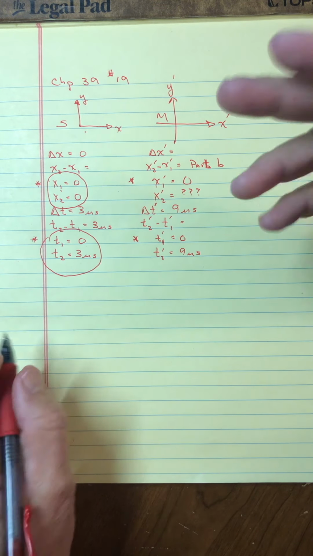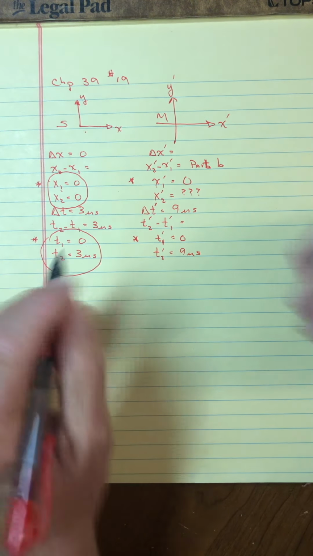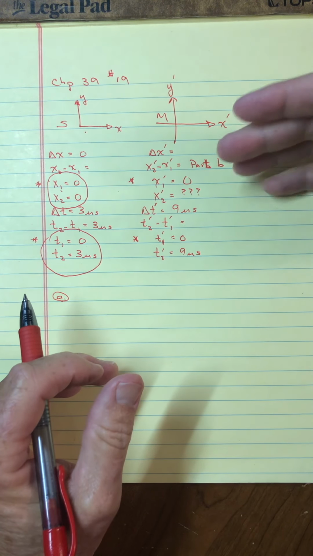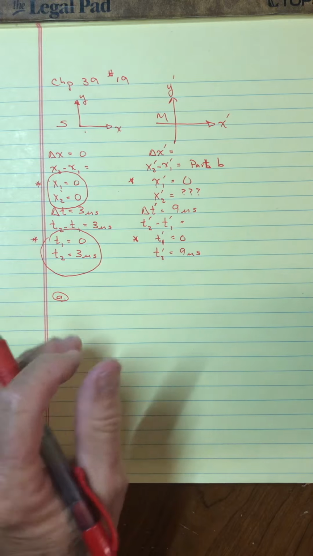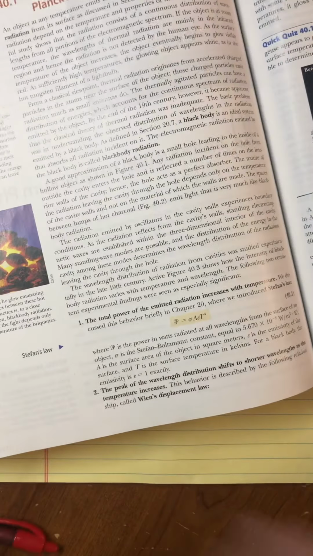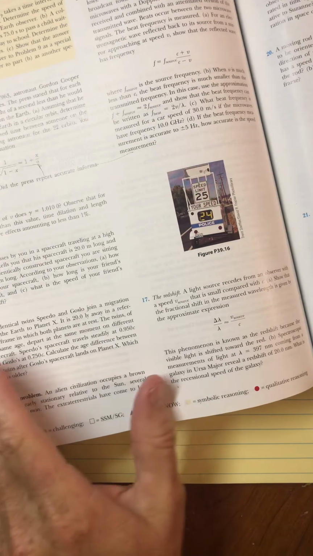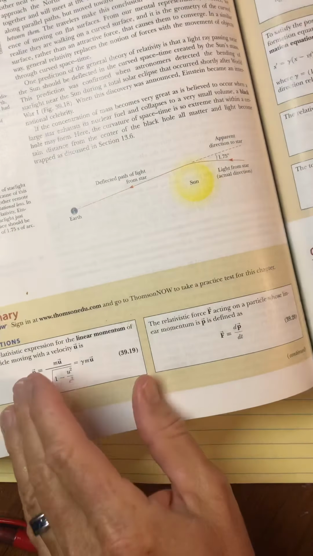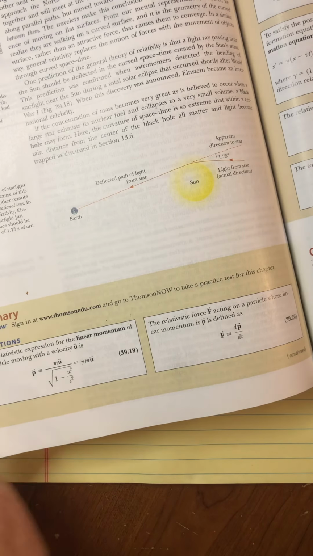And so part A in this question is, how fast is Mark moving relative to Susan? Well, let me grab the textbook here. And let me flip back to the end of the chapter 39. And there's a little summary page here.